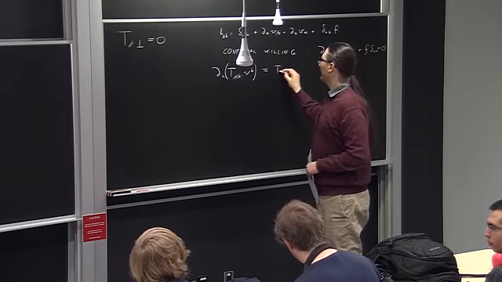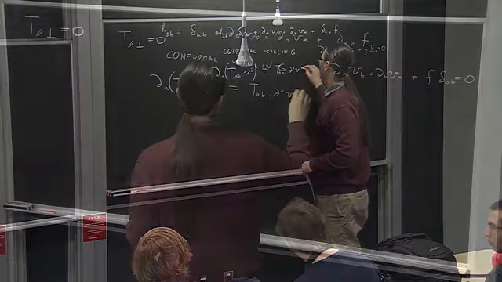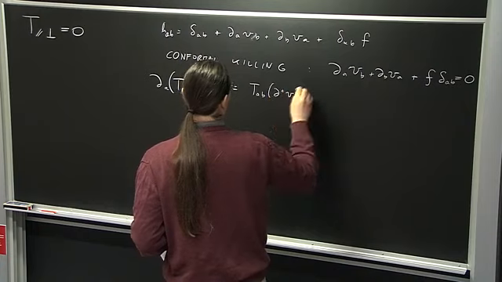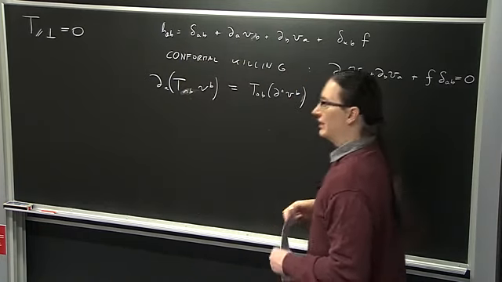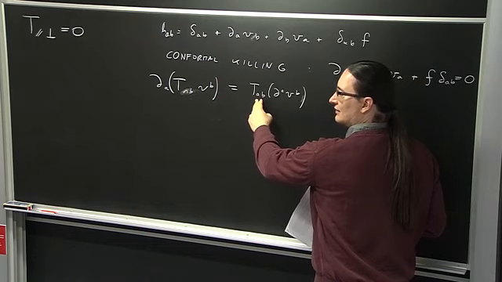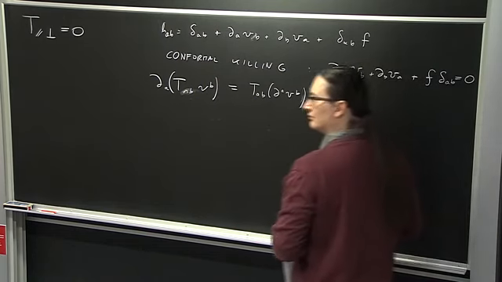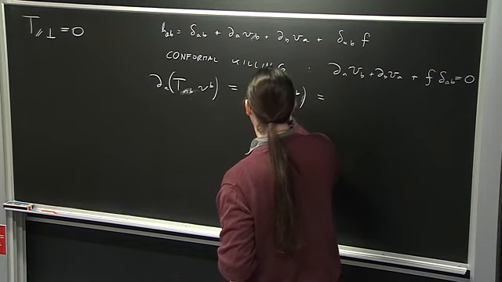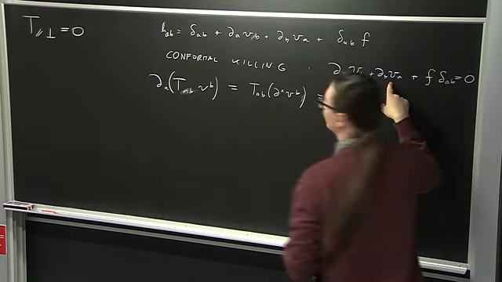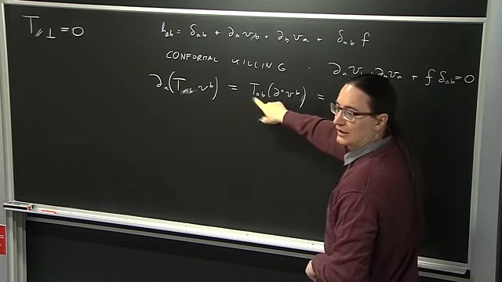And then I get T^{AB} ∂_A V_B. But if T is symmetric and traceless, and this holds, then this vanishes. Because if it's symmetric, you can symmetrize this, map it to that, and then you get the trace of the stress tensor which vanishes.